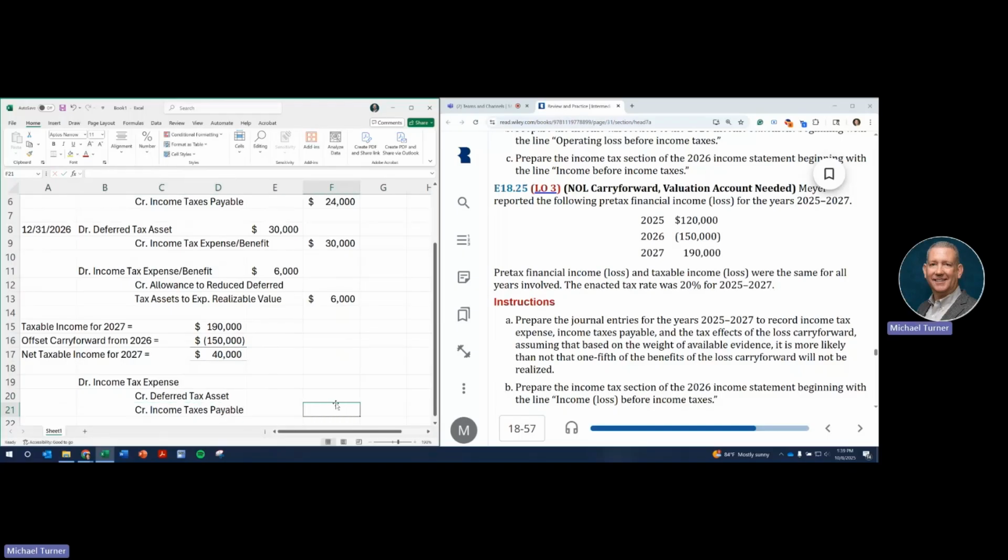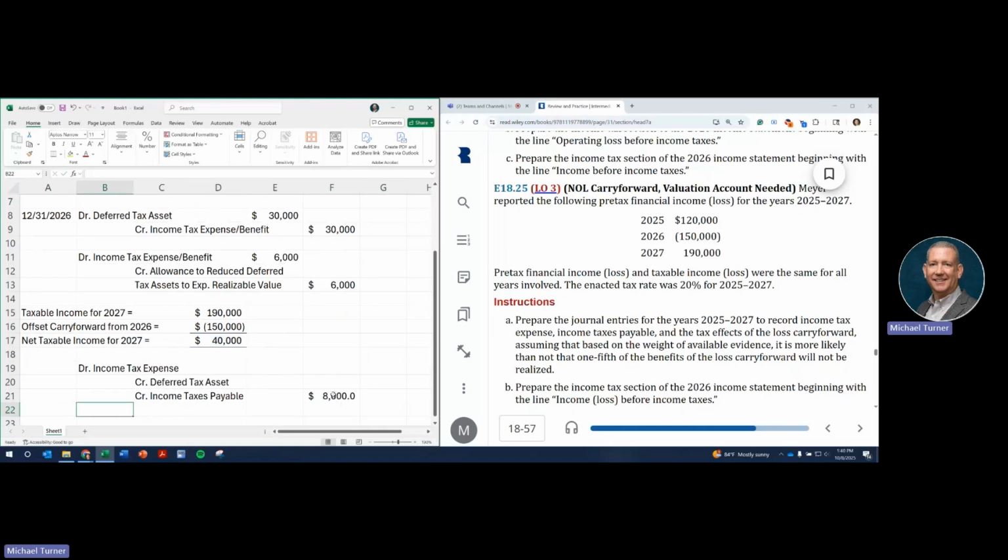Let's find these amounts for this journal entry. All right, so our income tax payable is going to be our taxable income times our tax rate. So our taxable income, as we calculated a second ago, was $40,000, and our tax rate is 20%. So that gives us $8,000.